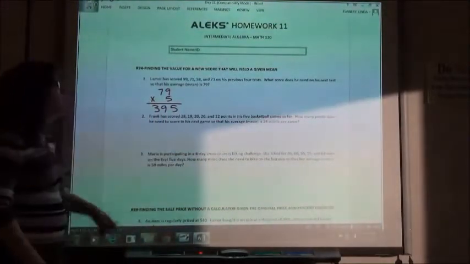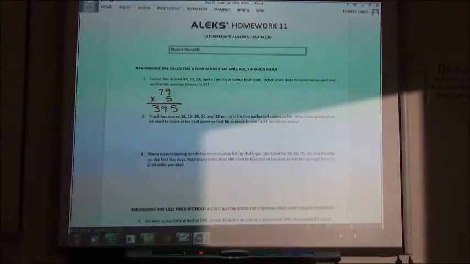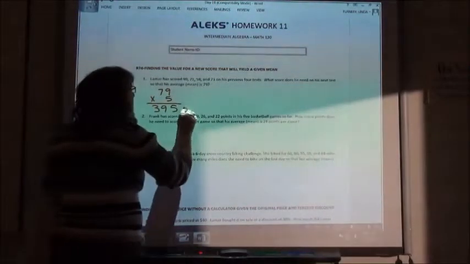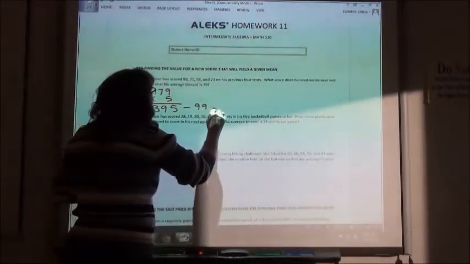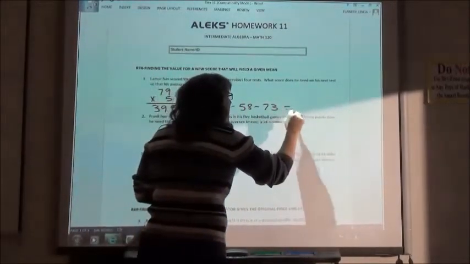Then basically all you're going to do is subtract off the ones that he already did. On ALEKS, they're going to add them first and just subtract one big number, but since you're using your calculator, you might as well just go ahead and subtract the 99, subtract the 71, subtract the 58, and subtract the 73.